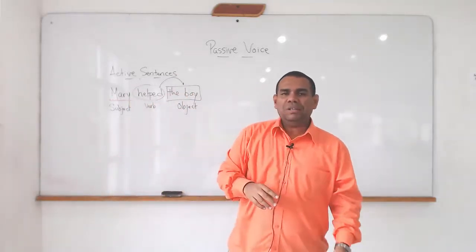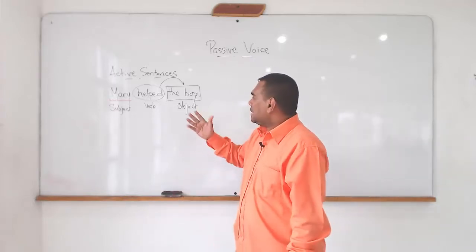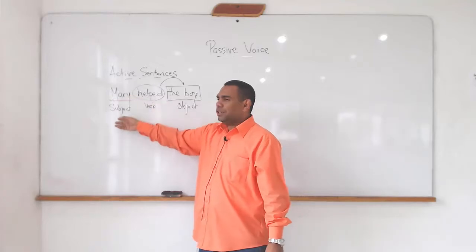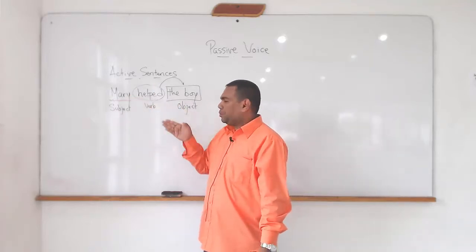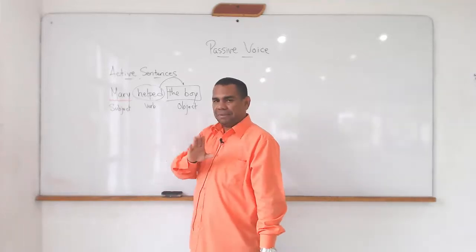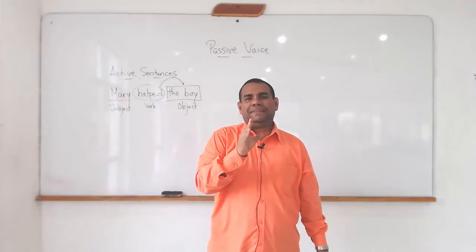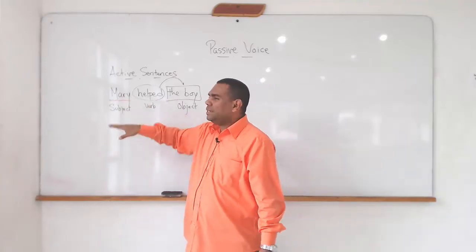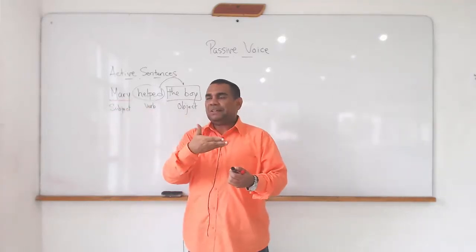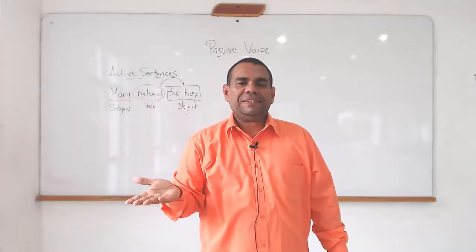Okay, so once more, we can identify three essential elements that an active sentence has: the subject, the verb, and the object. Now, we say that the subject here is an active subject because he carries out the action. And as a result, the sentence is called an active sentence.